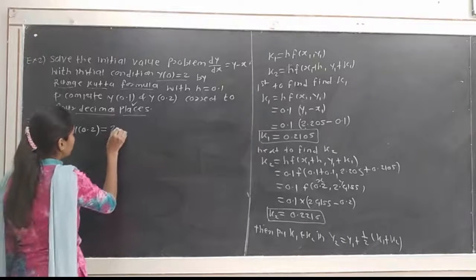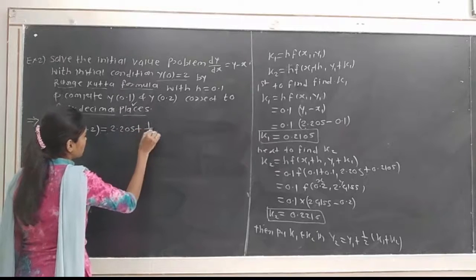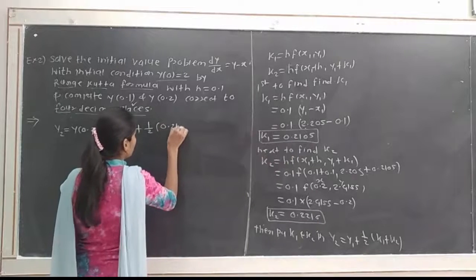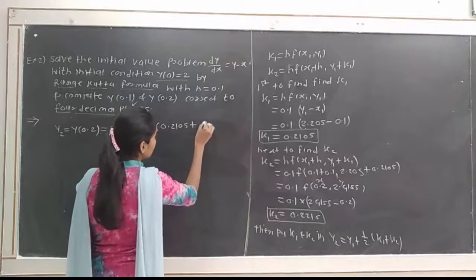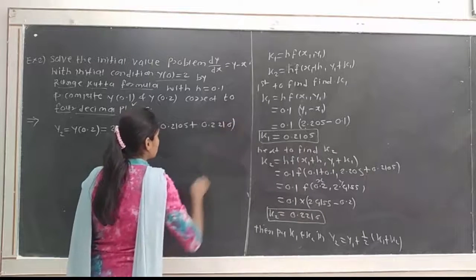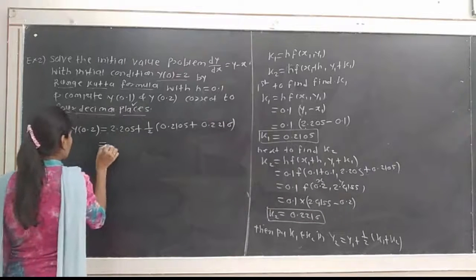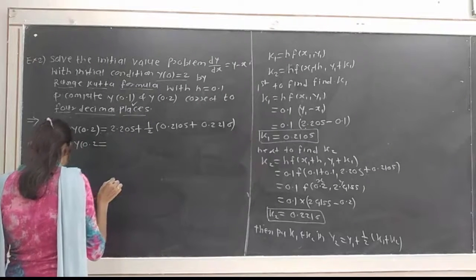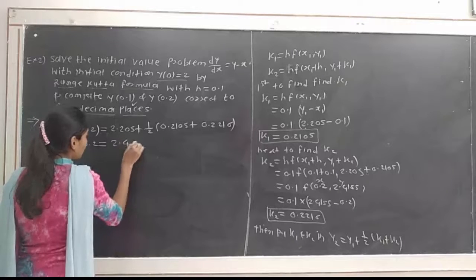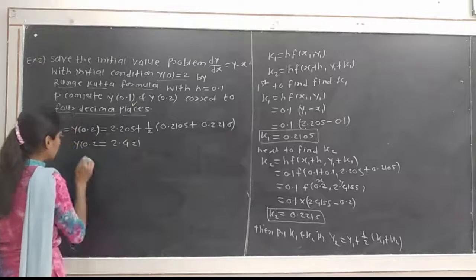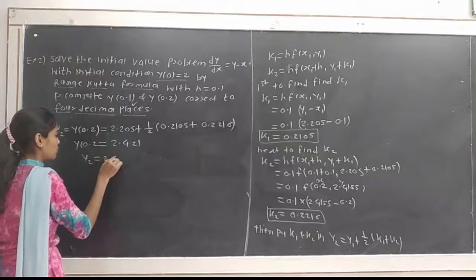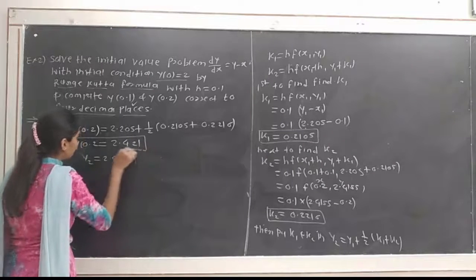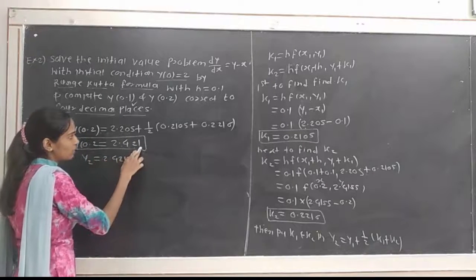So y1 is 2.205 plus 1 by 2 in bracket k1 which is 0.2105 plus k2 which is 0.2216. After this calculation we get the value of y of 0.2 as 2.421, and that is y2.